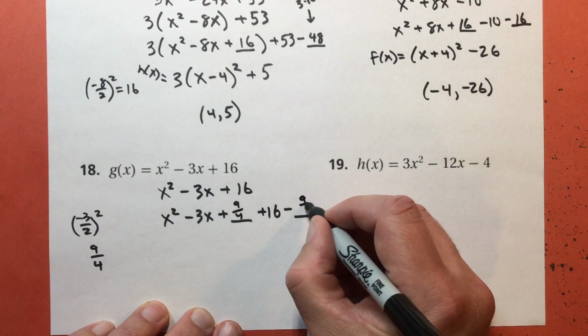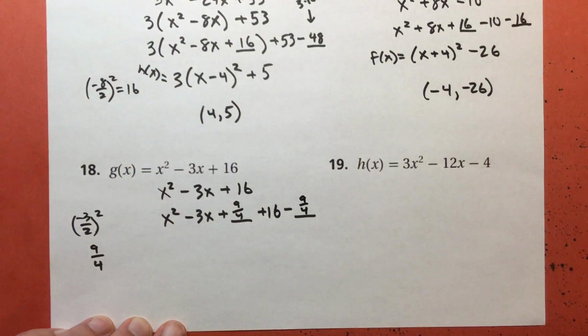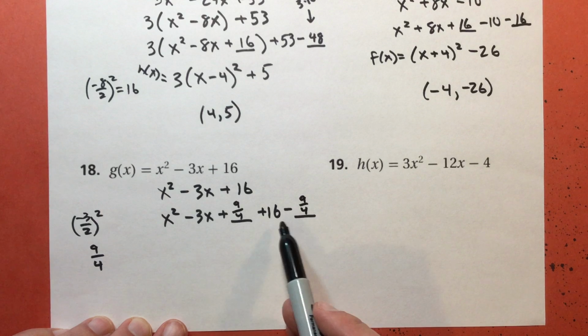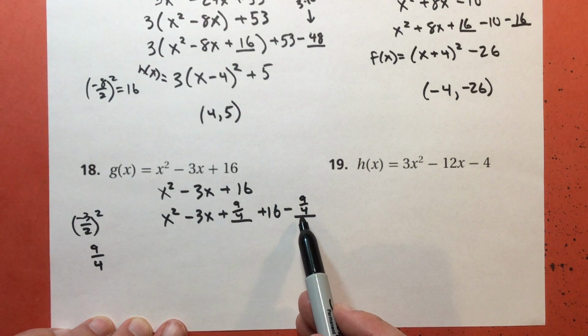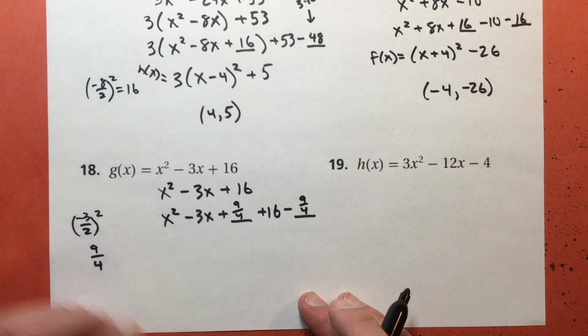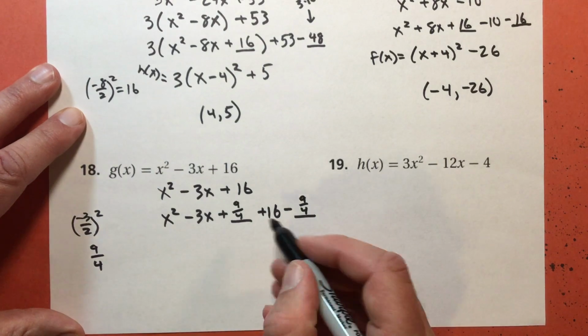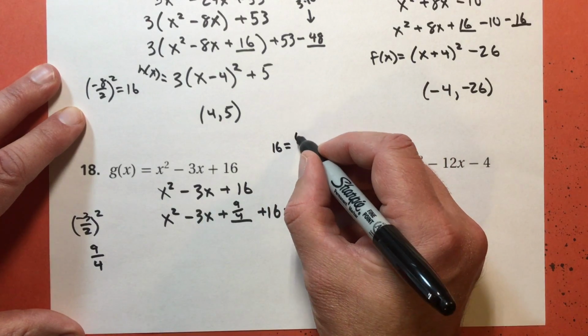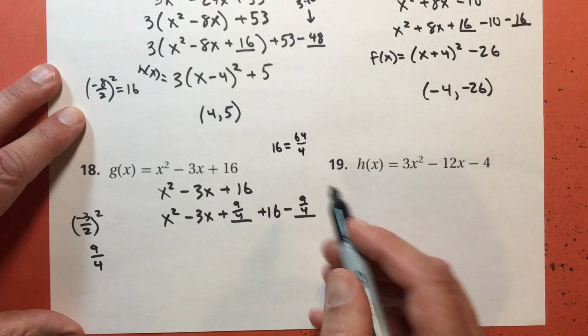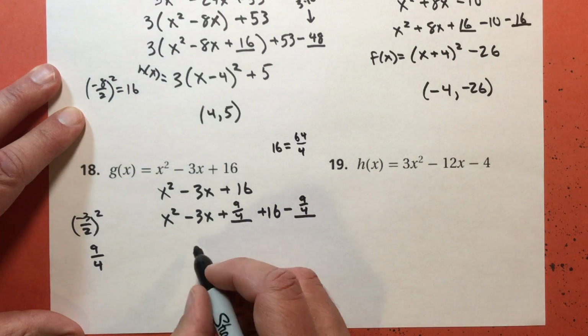That means I'm going to subtract 9 over 4. Now the only problem with leaving it as a fraction is when I combine here, when I have 16 subtract 9 over 4, I have to write it with a common denominator. So just keep in mind that 16 is the same as 64 over 4.